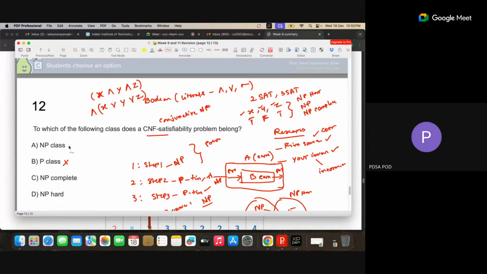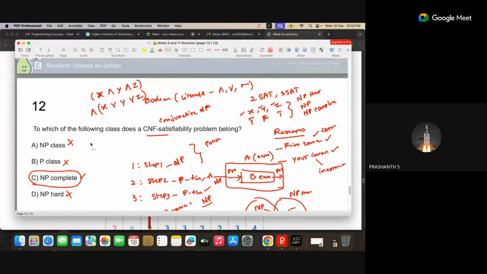So we cannot say completely that this is an NP problem or an NP-hard problem. They are in between NP-hard and NP. Either it might belong to the NP class or to NP-hard. So the right answer is NP-complete.